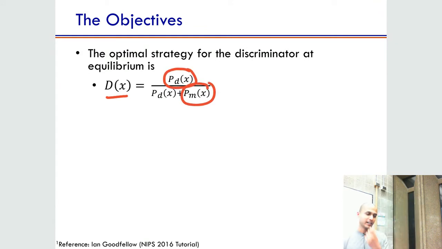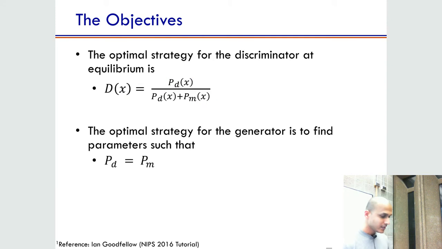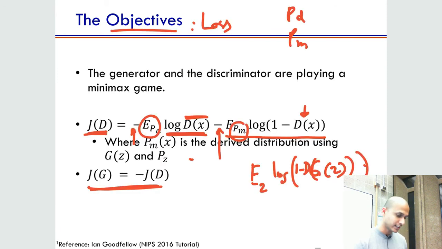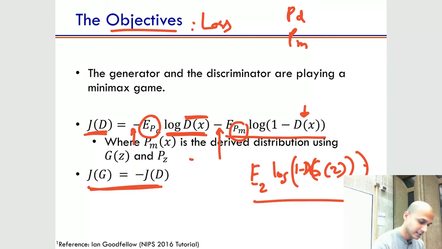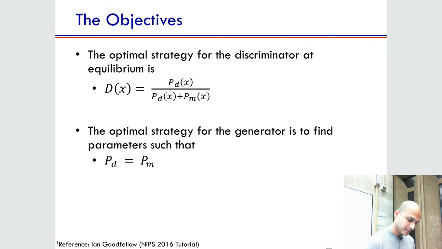Similarly for the generator, the first term doesn't involve anything to do with the generator. The second term is the only part where there is a G. So if you set this generator objective J_G equal to 0, then you will see that P_D is equal to P_M.